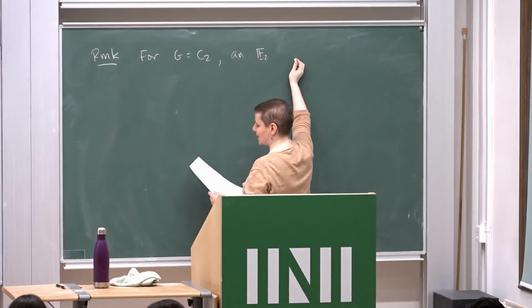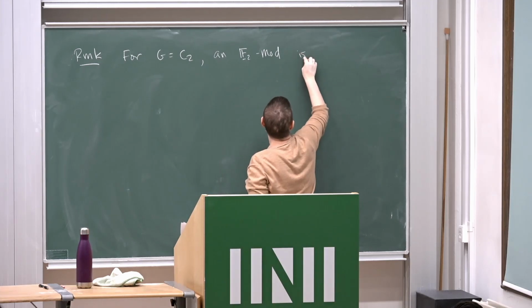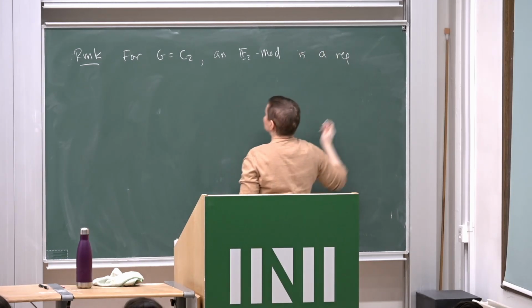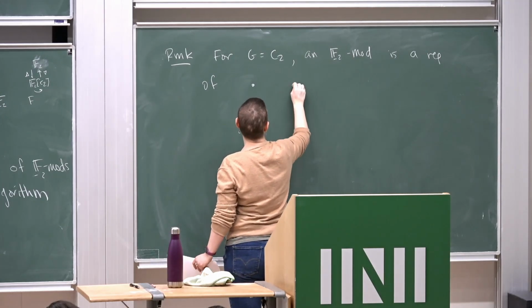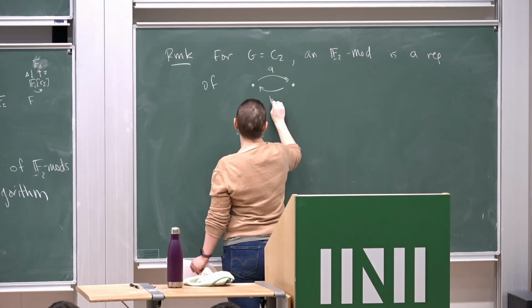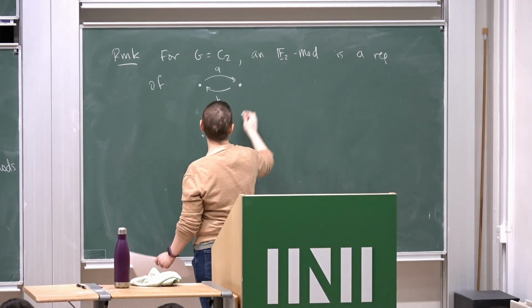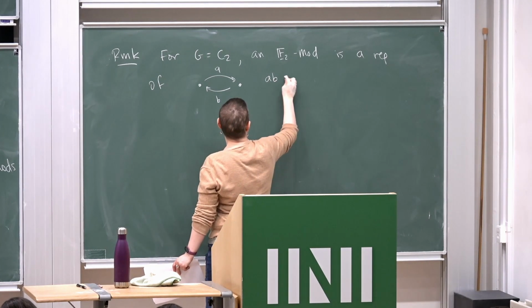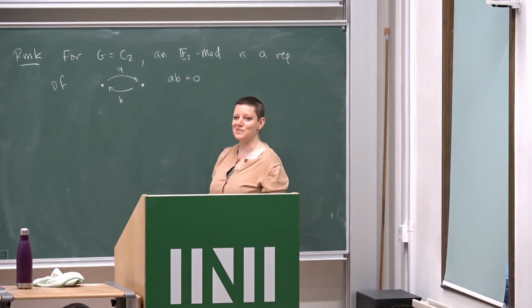For G is C2, an F2 underline module is a representation of this bound quiver with relations. So it has two vertices and two maps. And these are sort of restriction and transfer, but I've done a sneaky little change of basis here. And the relation is that when I compose them, I get 0.